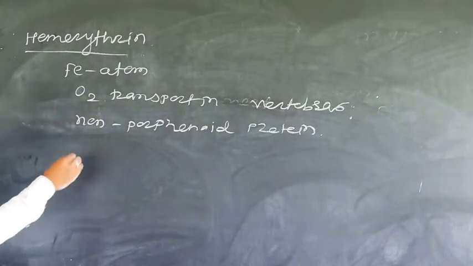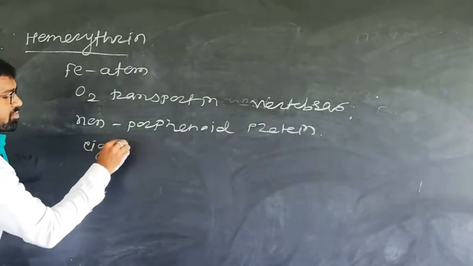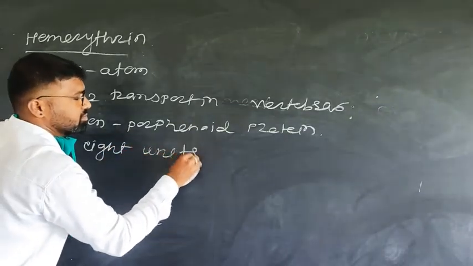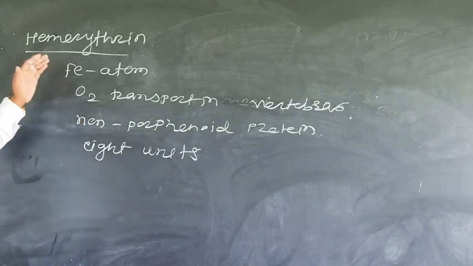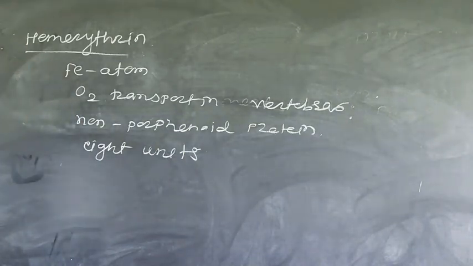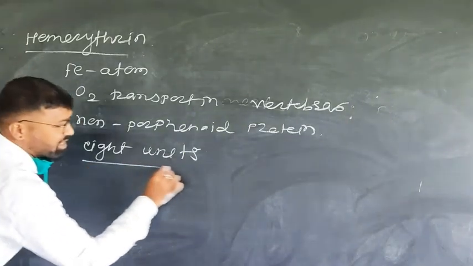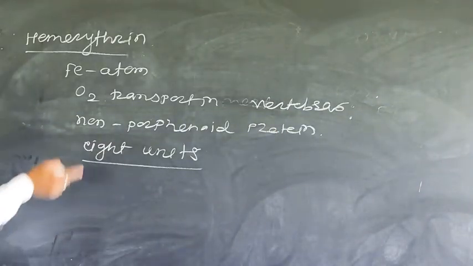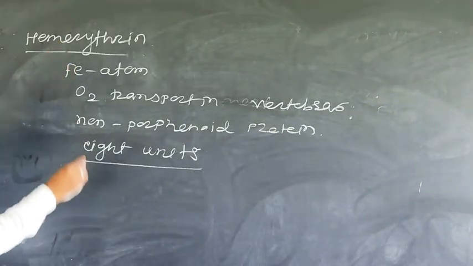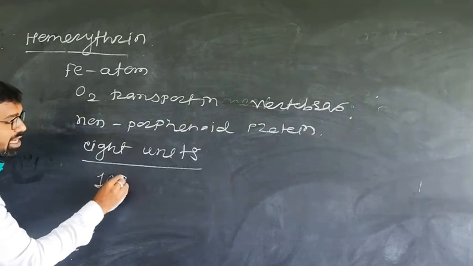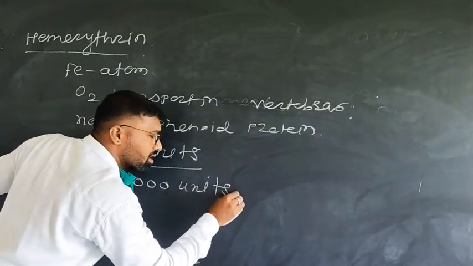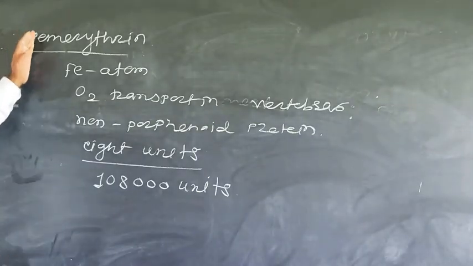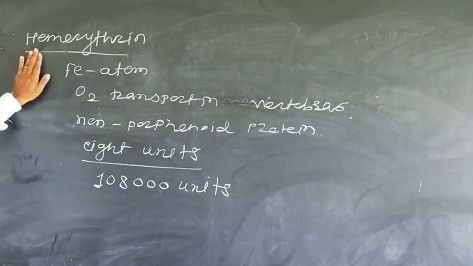It is made up of 8 units, which we will discuss when we draw the structure. Such 8 units are combined with each other to form one molecule of hemerythrin having a molar mass of about 108,000. These are the important features of hemerythrin.